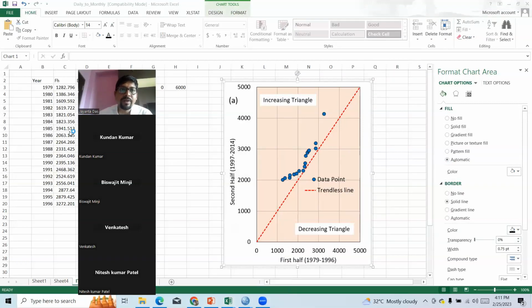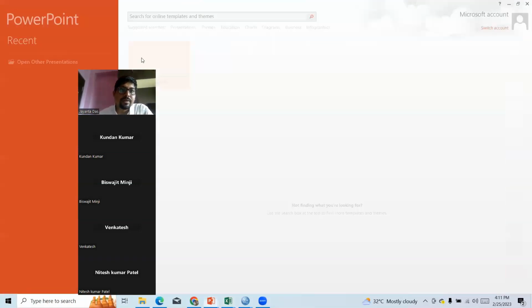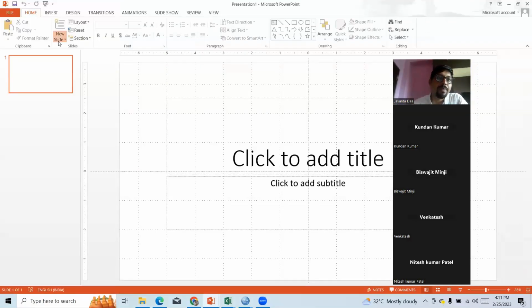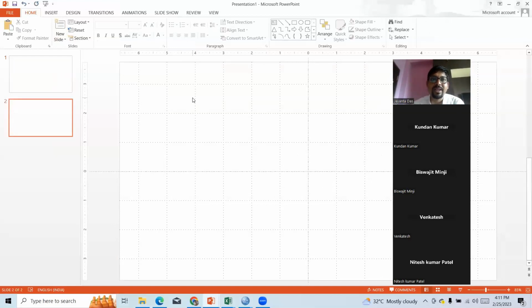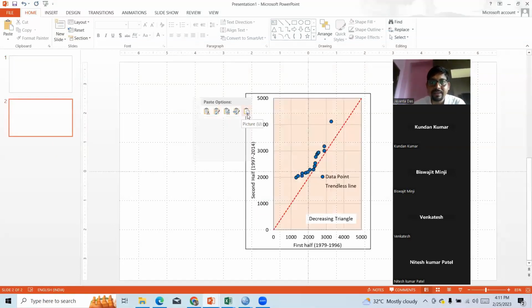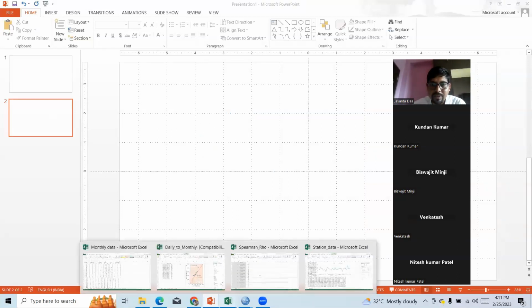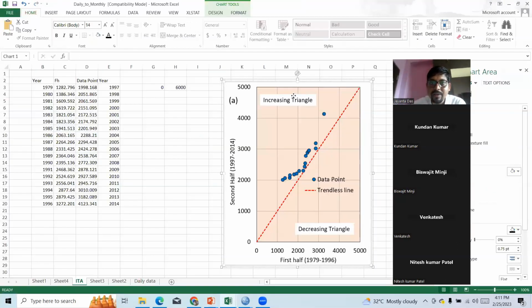Go to PowerPoint. PowerPoint is the most powerful tool. We can do many things here. Paste as a picture. No, it's not shared. So we can do, select all.